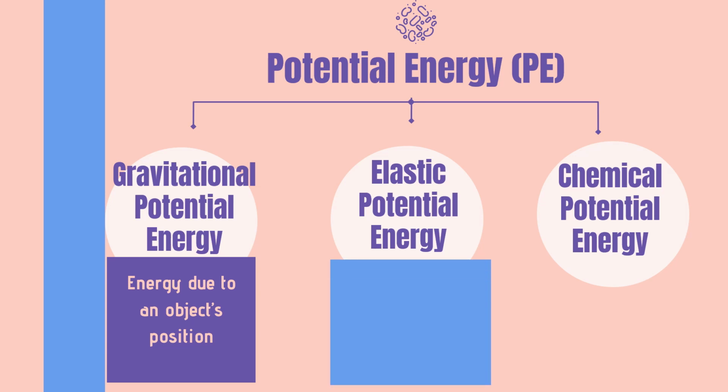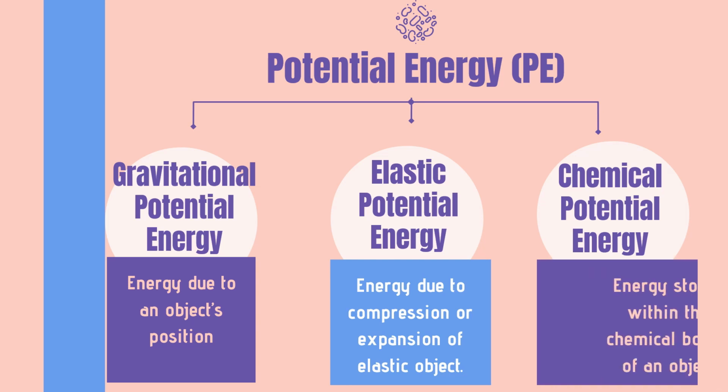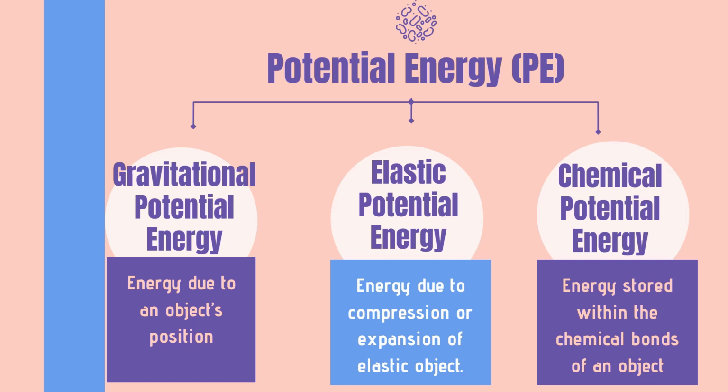While the elastic potential energy is the energy due to compression or expansion of an elastic object, like the spring and also the rubber bands. And lastly, the chemical potential energy is the energy stored within the chemical bonds of an object, like the battery, which can light up a bulb.